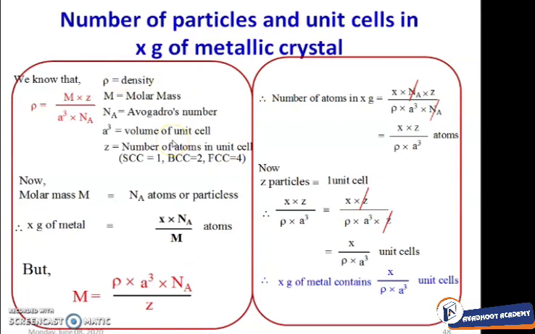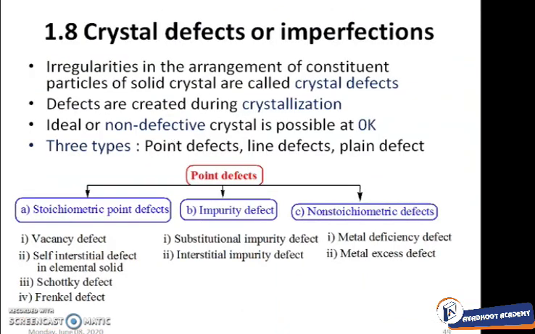Now next important point, that is crystal defects or imperfections in the solid. Now what is the meaning of crystal defect or crystal imperfections? The irregularities in the arrangement of constituent particles of solid crystal are called crystal defects.